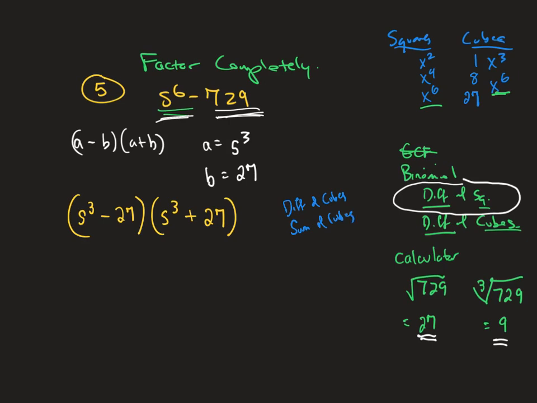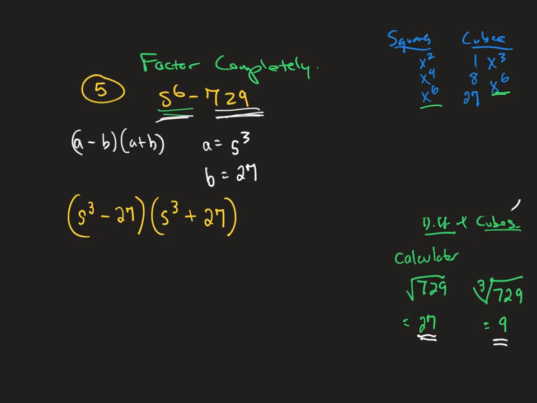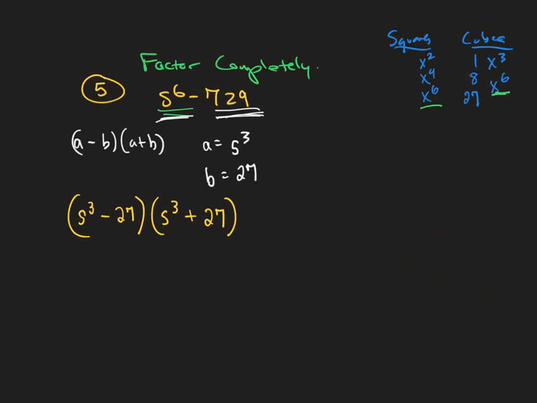Okay, so I'm going to erase a lot of this, and we'll talk about difference of cubes and sum of cubes and how we work out those. So with difference of cubes, the formula for difference and sum is basically the same.